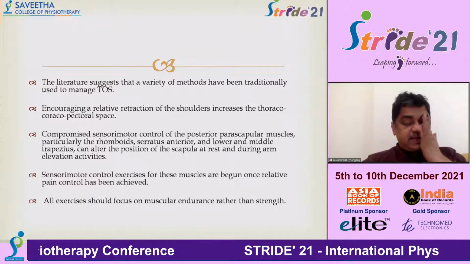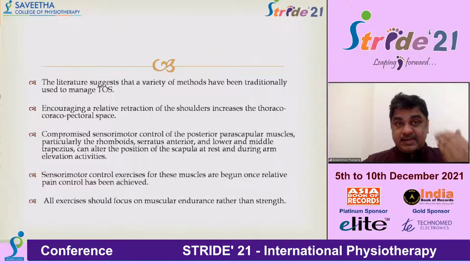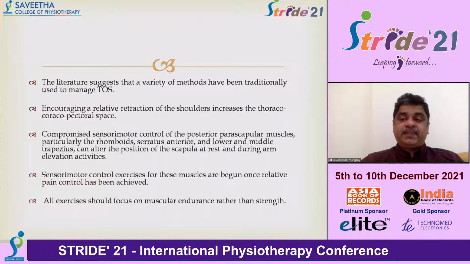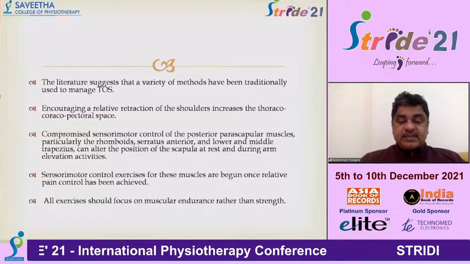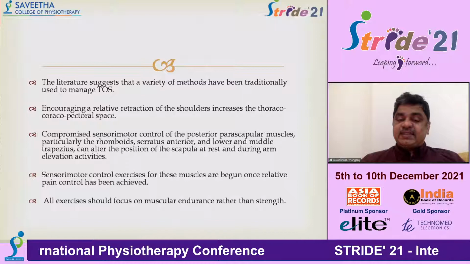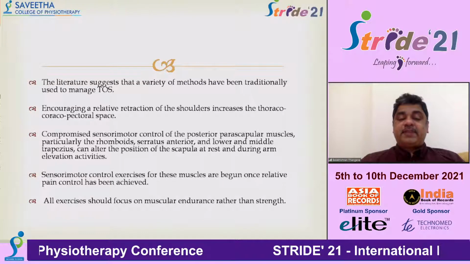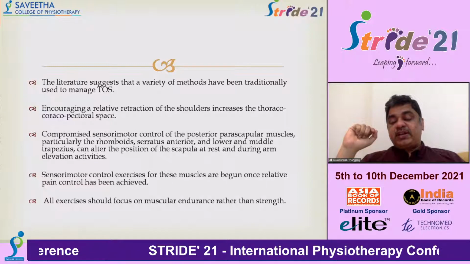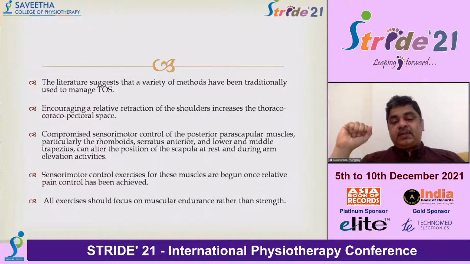So the scapular setting is very important, and as a physiotherapist, it's very important to know about scapular positioning and scapular stability. Sensory motor control exercises for these muscles are begun once relative pain control has been achieved. All exercises should focus on muscular endurance rather than strength.